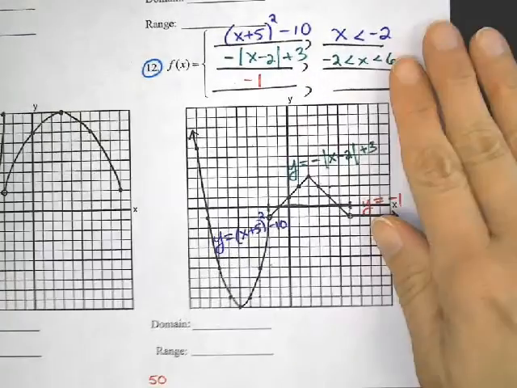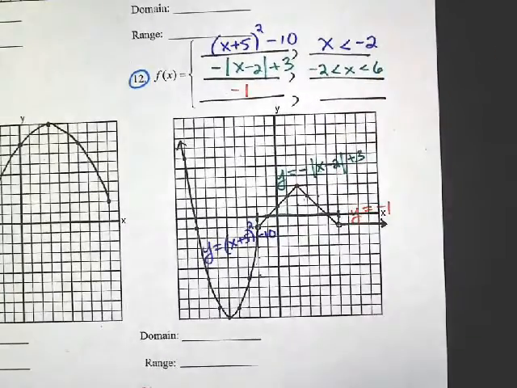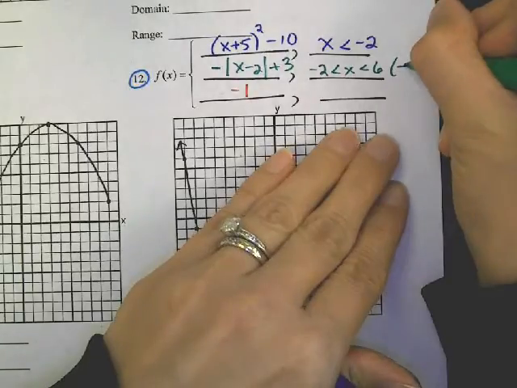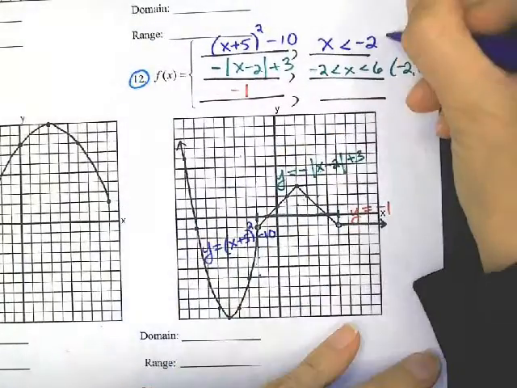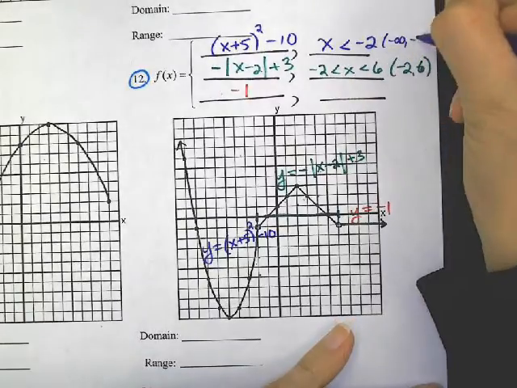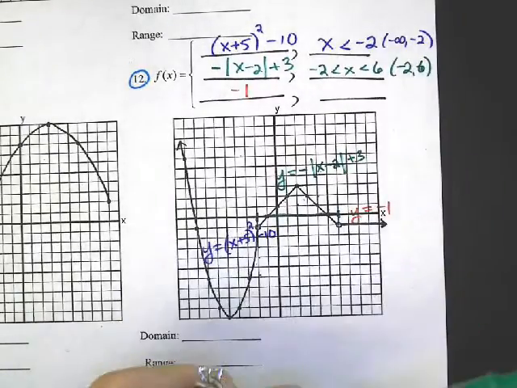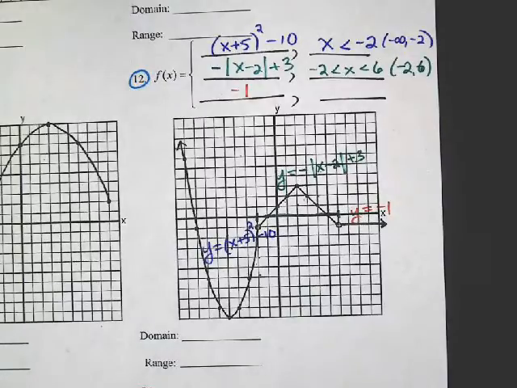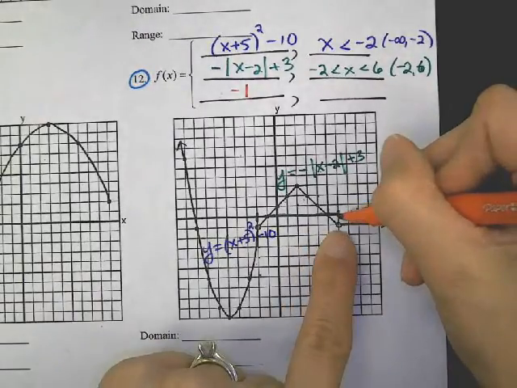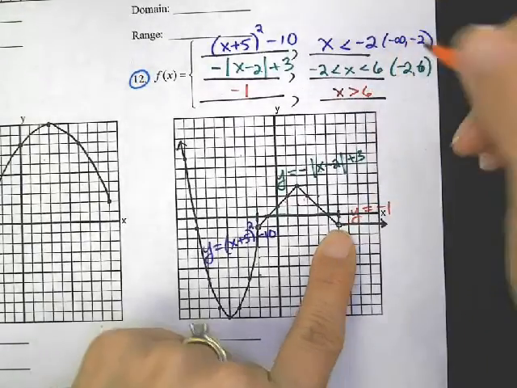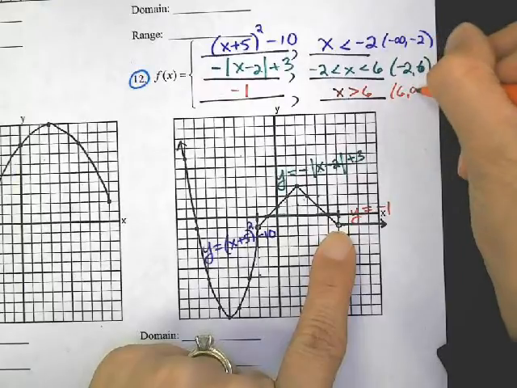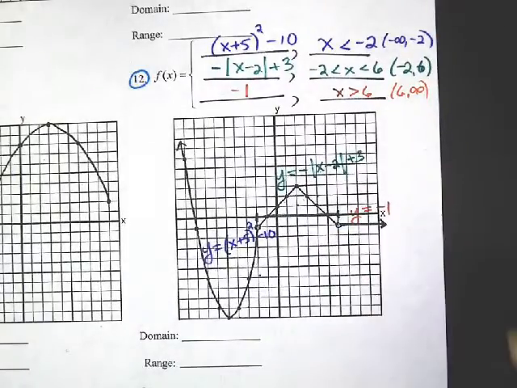For people that like to do interval notation, yours would be looking like this. From parentheses negative 2 to 6. This one would have been negative infinity up to negative 2 parentheses. Okay, either notation's fine. I'll take either one. And the last one starts at 6 and goes to the right. So x's that are greater than 6, or you could say parentheses 6 to infinity.